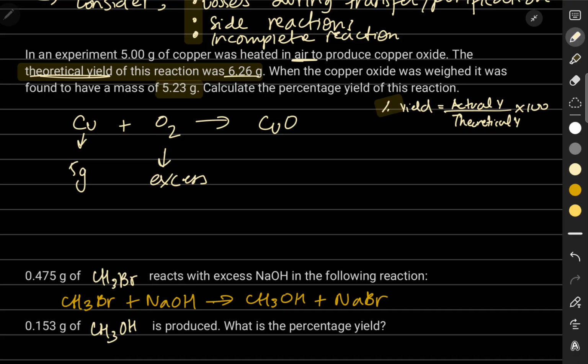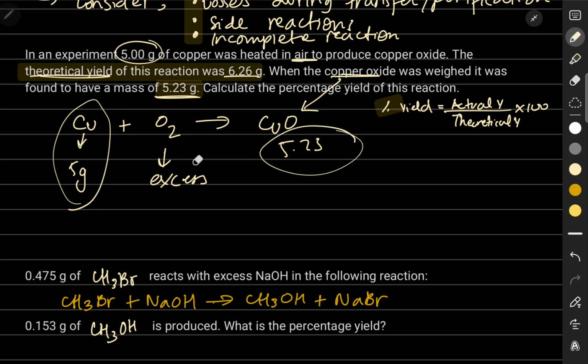So it's very easy from the question to figure out what the actual yield was. It's this. It cannot be 5 grams because that was the mass of the reactants. The product, which is copper oxide, was found to have a mass of 5.23. And I told you that actual yield is the experimentally determined mass of the product, which is this.